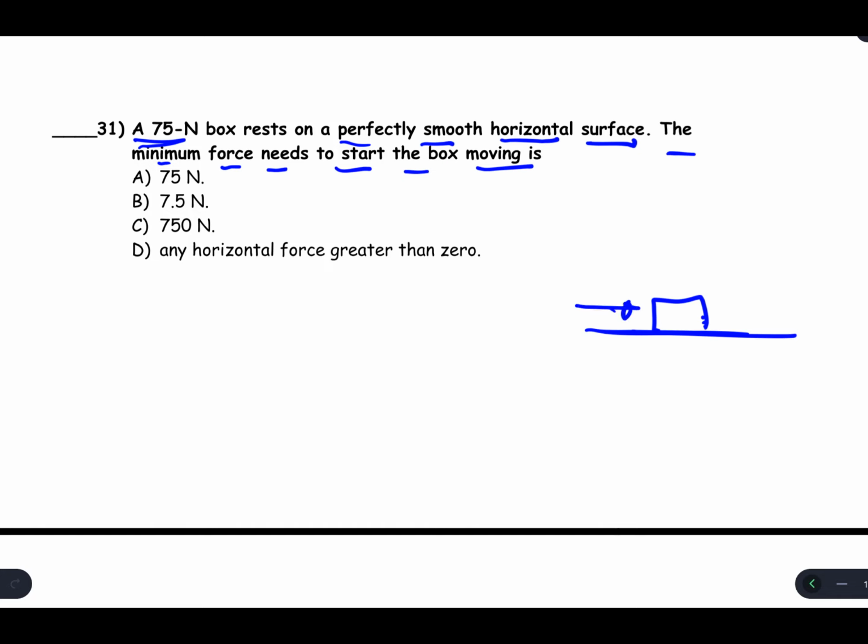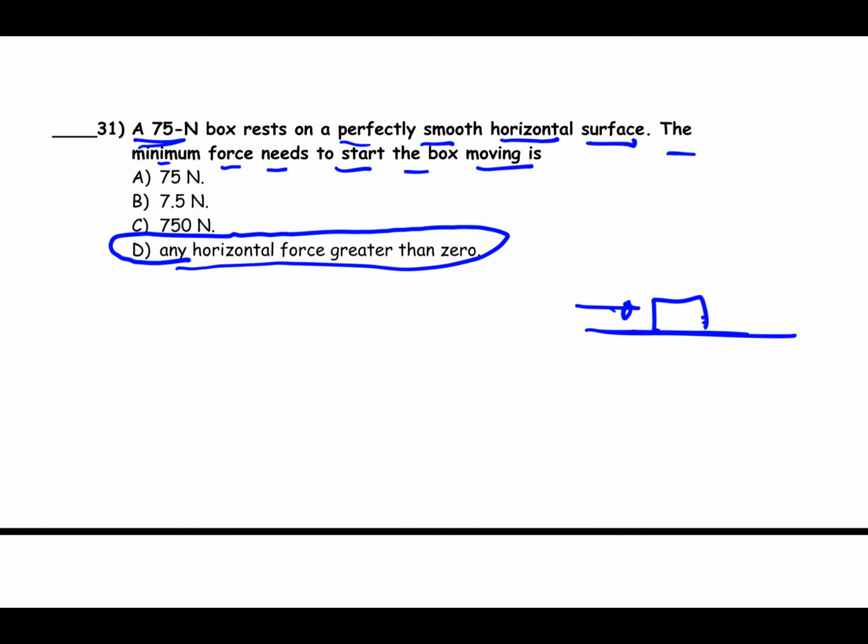Any force can move it because there is no friction. It doesn't need a huge amount. Any horizontal force greater than zero. Why? Because there is no friction. So the answer is D.